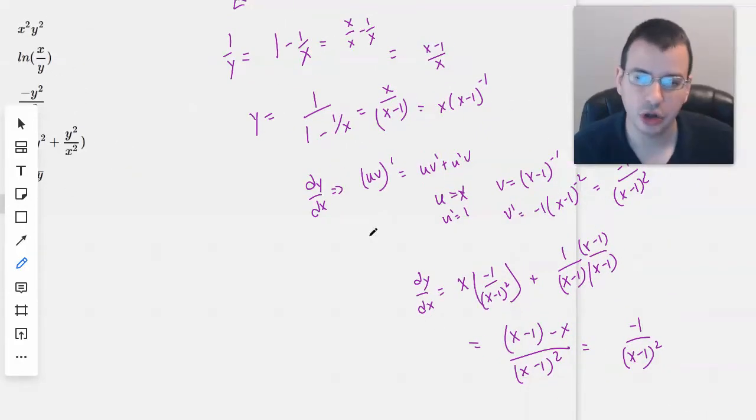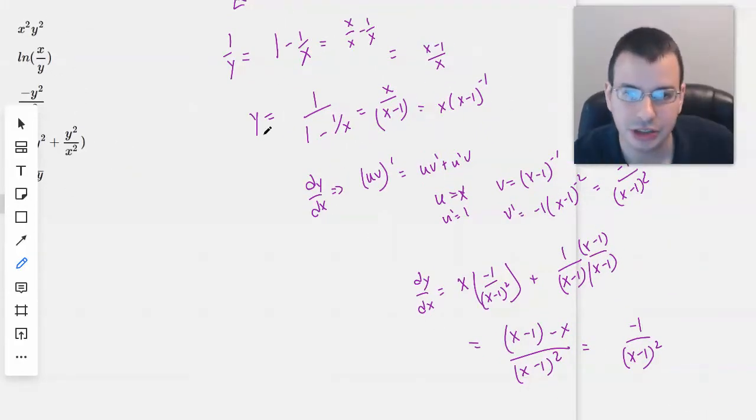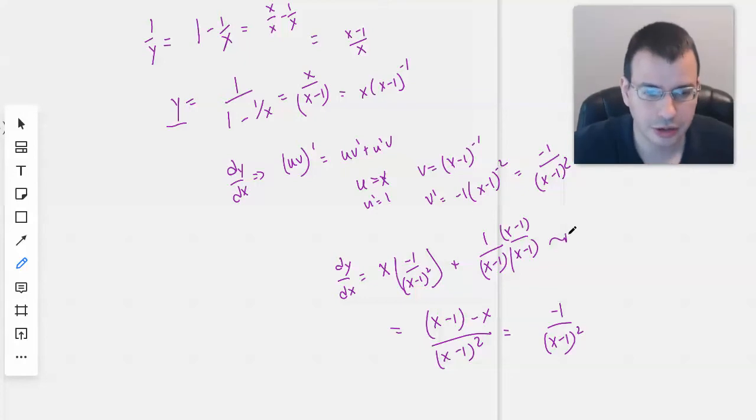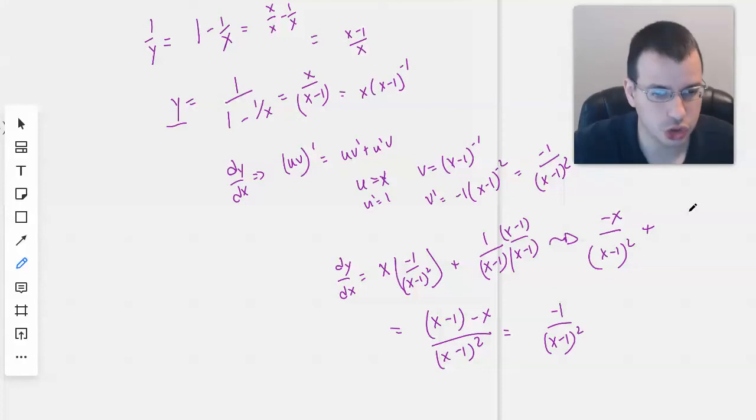So let's see here. We could then probably write something in terms of y, because we know that y equals x over x minus 1. Maybe we can do this. So this is negative x over x minus 1 squared, and I'm going to separate the numerator.